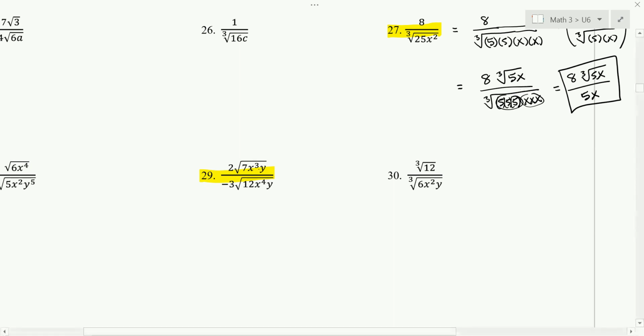Here we can reduce a little bit. The y's we can cancel out, and I'm going to divide top and bottom by 2 x's.